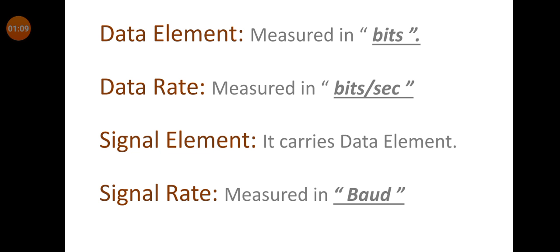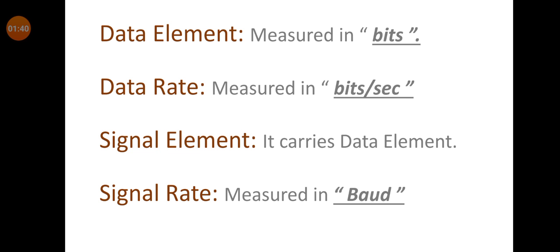The next one is data rate. Data rate or bit rate, both are the same, and we have already studied this concept many times. What does data rate mean? The number of data elements transmitted in 1 second is called data rate.